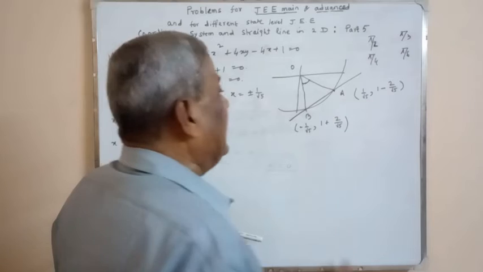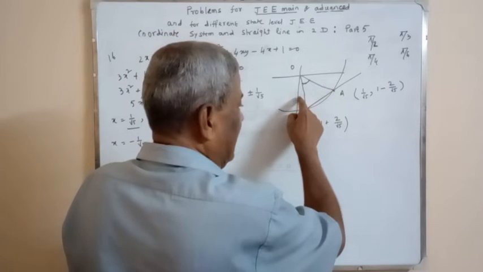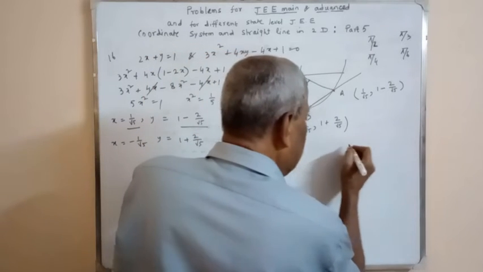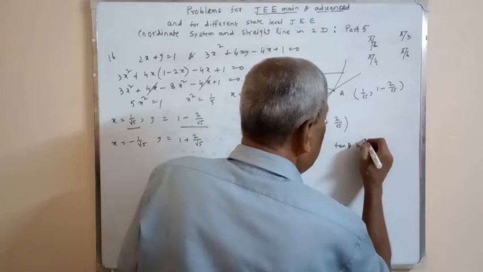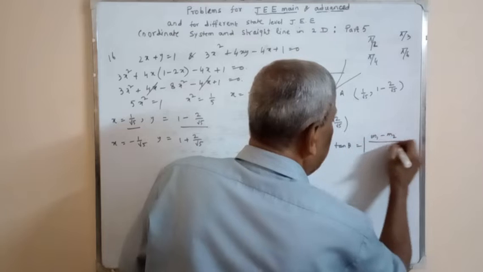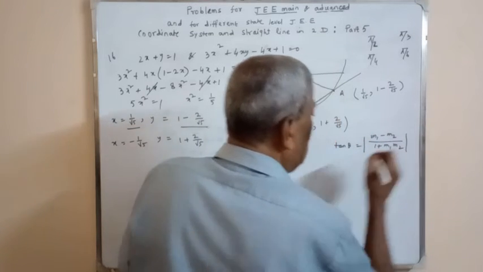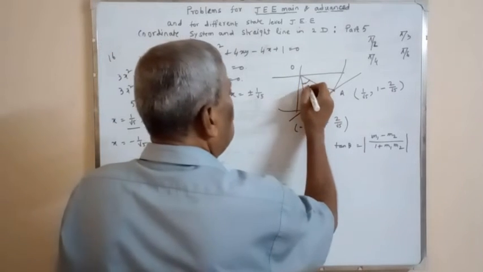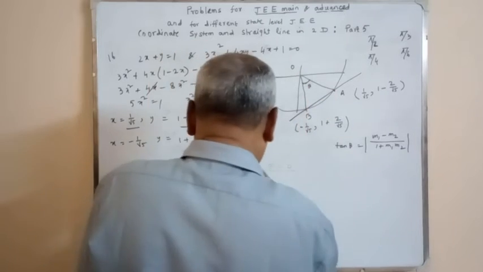If it is not the case, then knowing m1, its gradient, and m2, its gradient, if theta is the angle, then from the formula, tan theta is equal to m1 minus m2 by 1 plus m1 m2. Using this formula, we can obtain the angle between the two straight lines joining O to A and O to B.